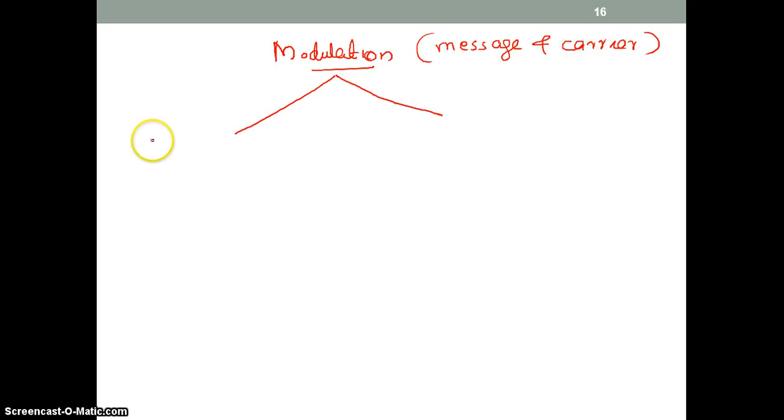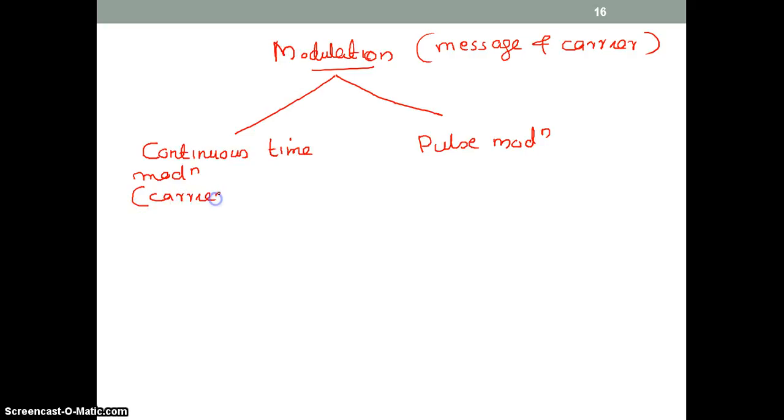So, it is called continuous time modulation, and I'll write like this, pulse modulation. This classification is based on the nature of the carrier. Here, the carrier is continuous.